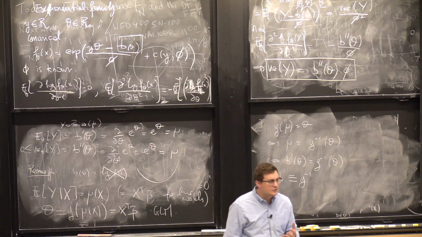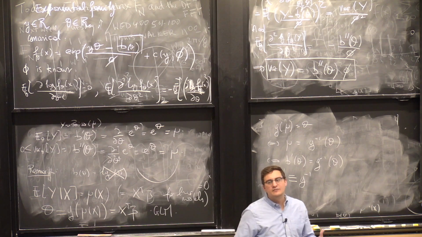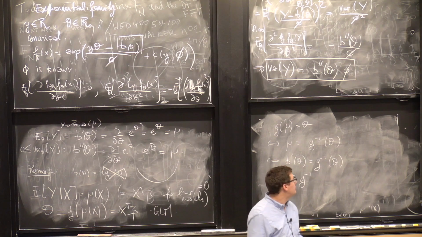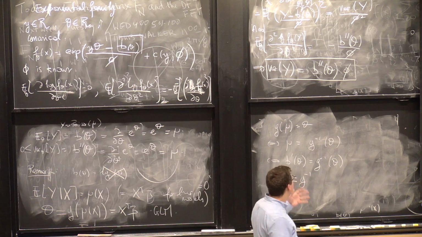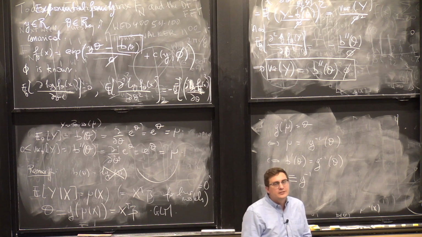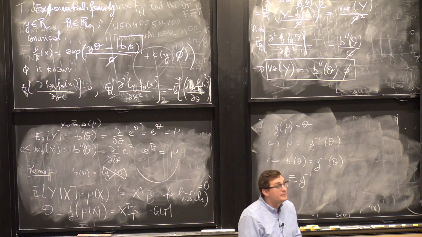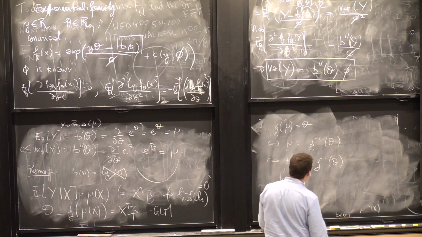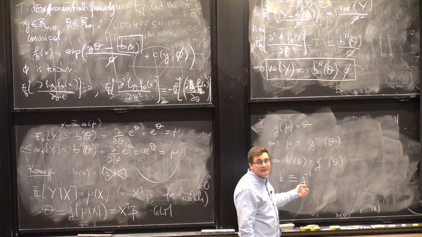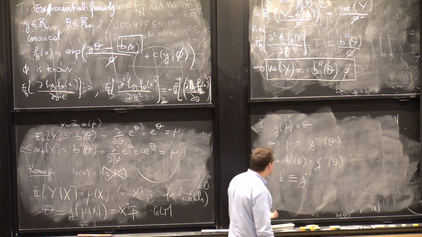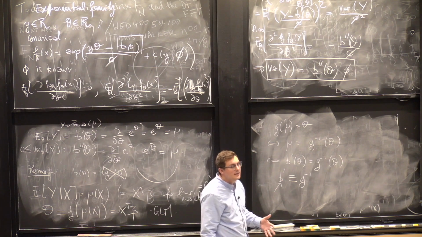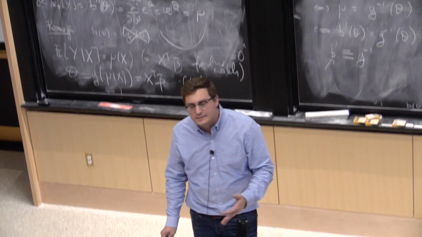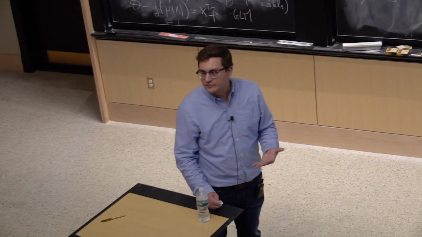And I claim that this is actually giving me a function that has the properties that I want. Before, I said just pick any function that has these properties, and now I'm giving you a very hard rule to pick this, so you still need to check that it satisfies those conditions, in particular that it's strictly increasing and invertible. Really what I need is that the inverse is strictly increasing and invertible, which is the case here because B prime is the derivative of a strictly convex function.